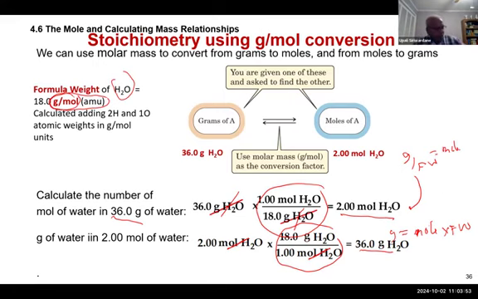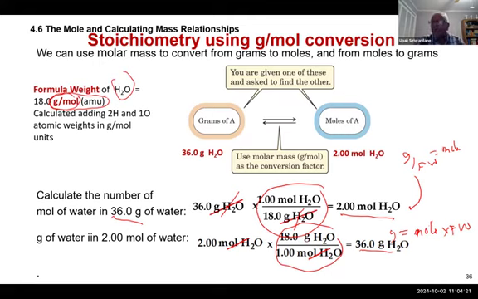So you can convert between grams of a substance and calculate the moles of the substance by dividing grams by formula weight.